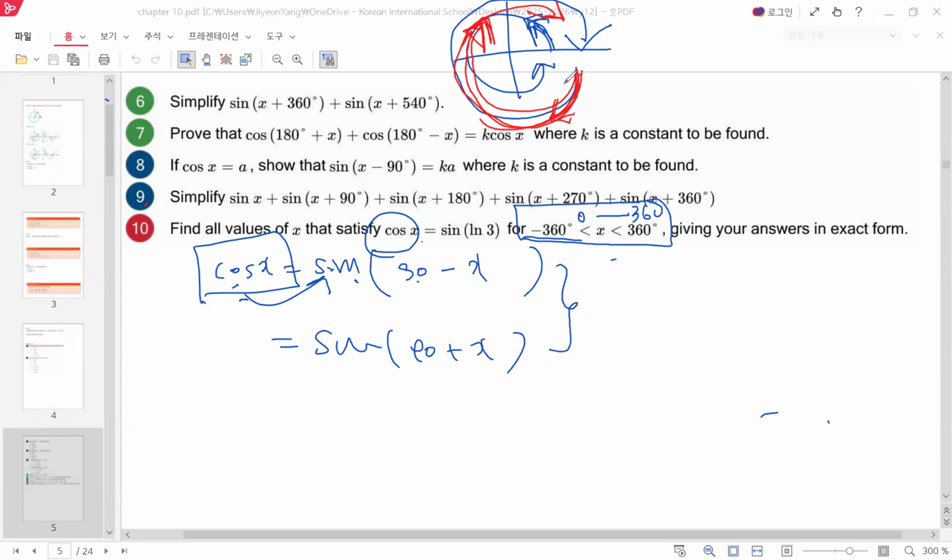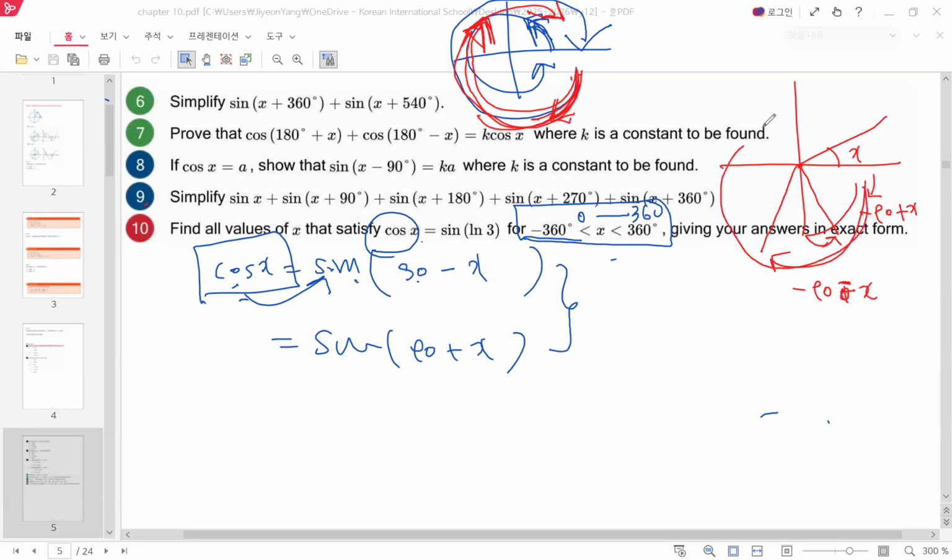So if this is angle X, then in this direction it's going to be minus 90 minus X here. This angle can be measured as negative 90 plus X. Sorry, it should be minus.